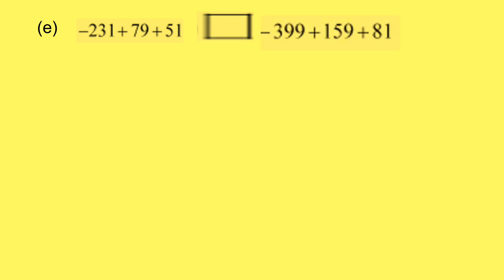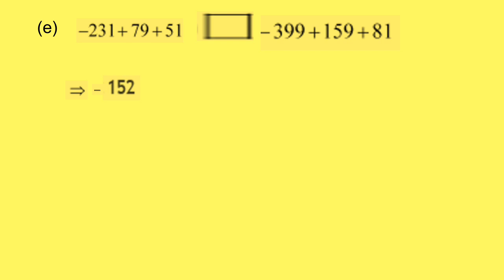Next question, minus 231 plus 79 plus 51, blank, minus 399 plus 159 plus 81. Here directly we can solve the question. So first I'll take the first two integers.